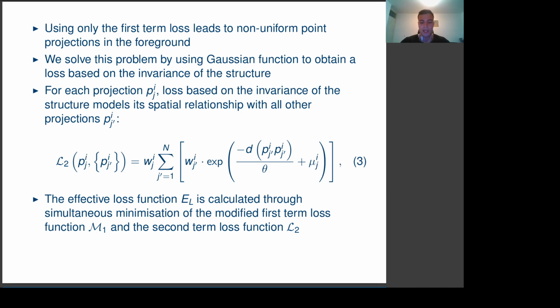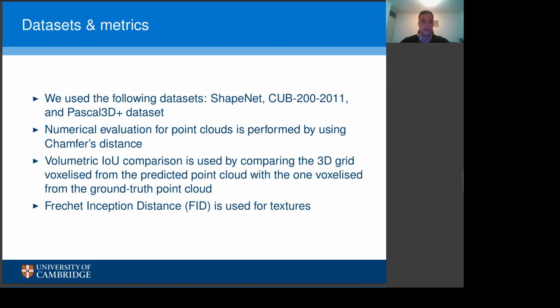At the end, we form the effective loss function EL through simultaneous minimization of the modified first term loss function M1 and the second term loss function L2.